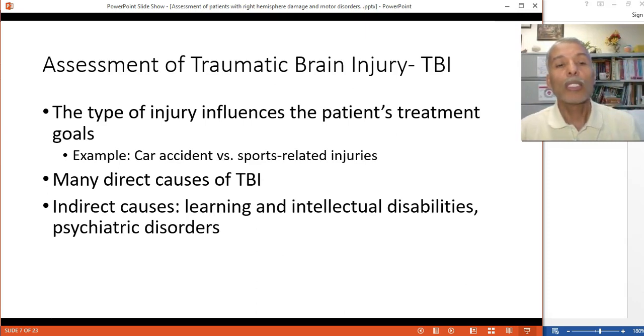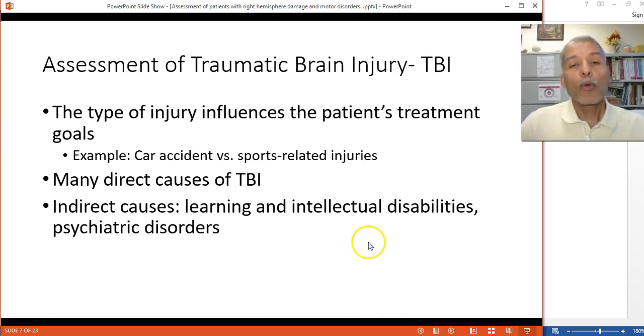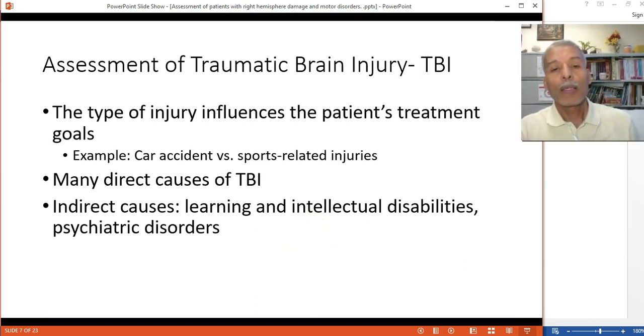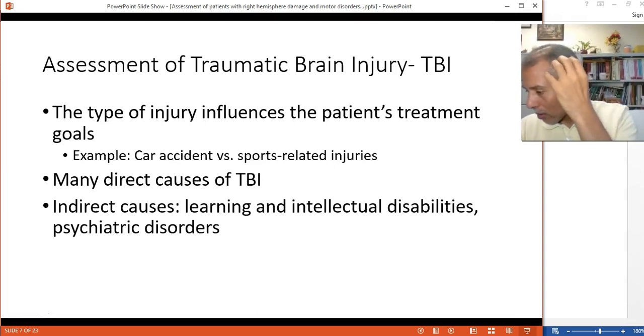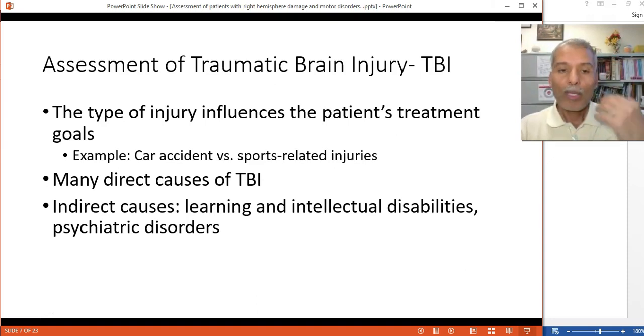For example, let's say the temporal cortex here is damaged. Someone has an accident where they receive a hit here, and that damages the temporal cortex. That is going to affect their ability to learn.